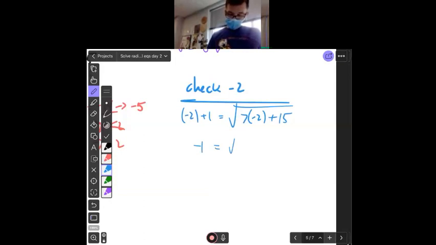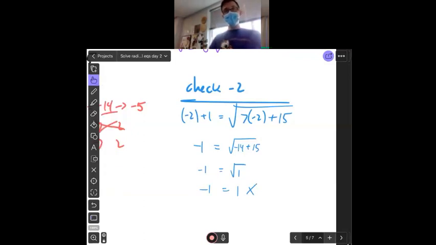This gives me negative 14 plus 15. Negative 14 plus 15 is 1. Square root of 1 is 1, not negative 1. And there's our sign issue. If the sign was different, we would have been good to go. It doesn't say negative 1 equals 5. It doesn't say negative 1 equals 0. Only the sign is off.